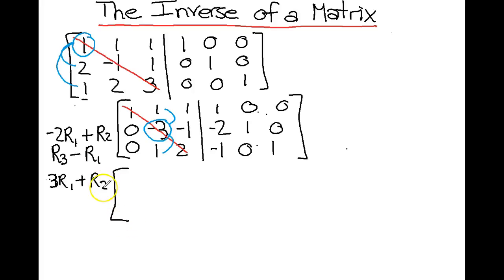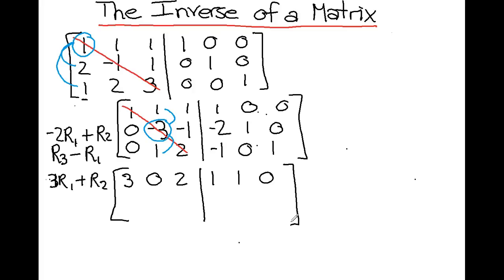And when I do that, I get 3 and 0 is 3. 3 and -3 is 0. 3 and -1 is 2. 3 and -2 is 1. 0 and 1 is 1. 0 and 0 is 0.